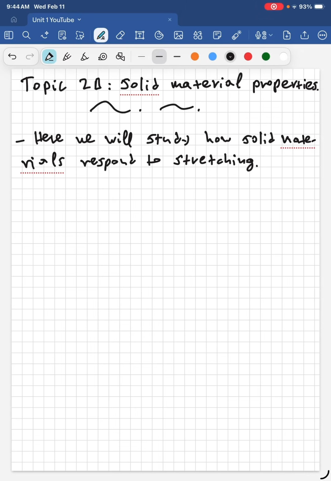I guess answering why would anyone study this thing. The materials of solid matter, and especially the things that we will be studying here at the AS level, such as stretching, a response after tensile forces or compressive forces and stuff like that. These are things that engineers use when they build things. So a civil engineer, for example, needs to know these things by heart.